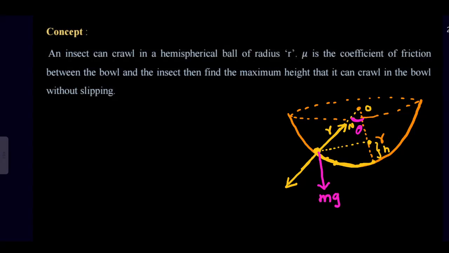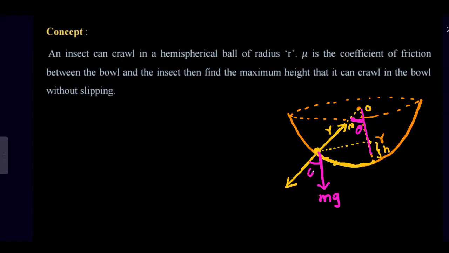How much is this weight? mg. Now look, this weight is along the y direction. This is also the y axis. So this angle is theta, and that means this angle is also theta. This means this is an extension; this line and this line are the same, so this angle is the same.